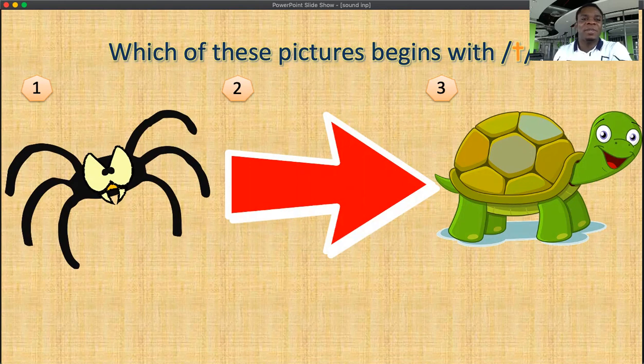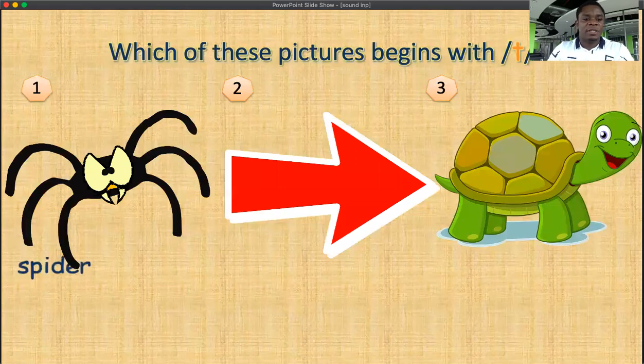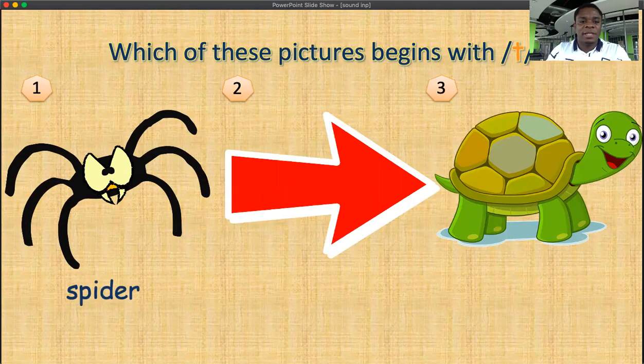So can you do it for me? What is picture number 1? Spider. And number 2 is arrow. And number 3, tortoise. So the picture that begins with the sound T is tortoise. So tortoise is correct. Let's look at the next slide.